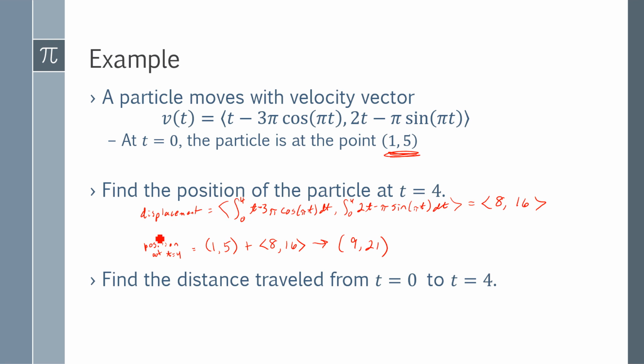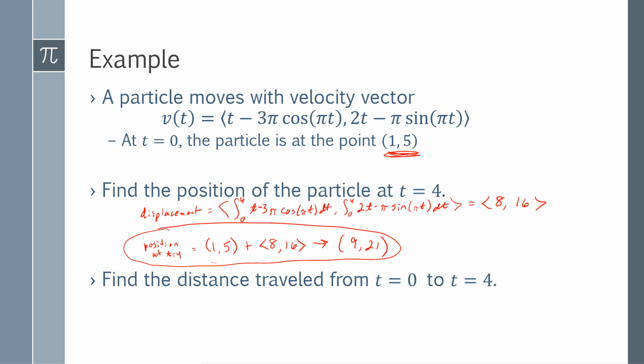If it helps to think of it this way, this is the FTC with a twist. Where I end up is where I started, plus the accumulation of my rate of change. But because it's a vector, I have both an x component and a y component.